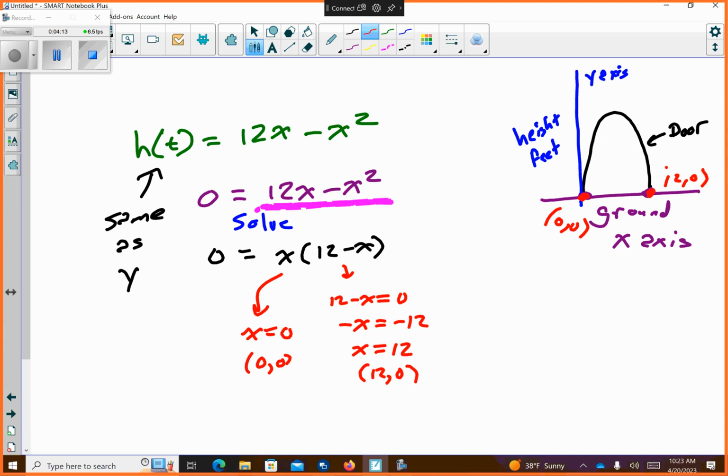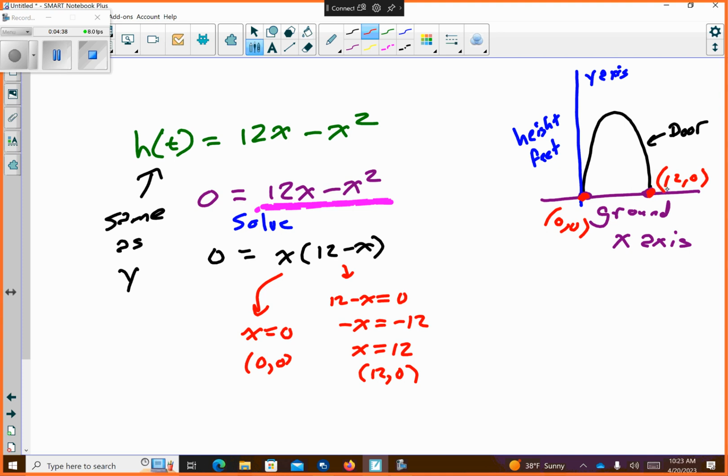Let me just pause there. Does everyone understand that we're trying to figure out the size of this doorway? It's a parabola door. I'm not quite sure who makes their doors into parabolas, but let's pretend it's some weird store that says, let's have mathematical functions as all of our decor. I don't know how popular that place would be, but let's pretend.